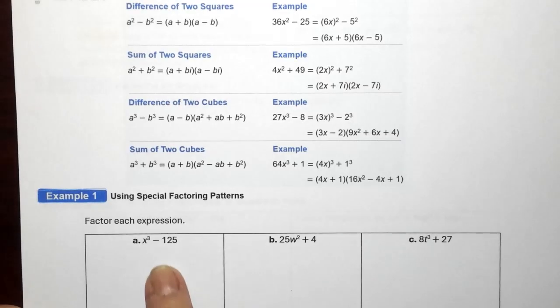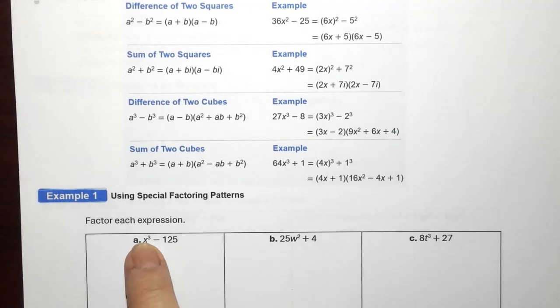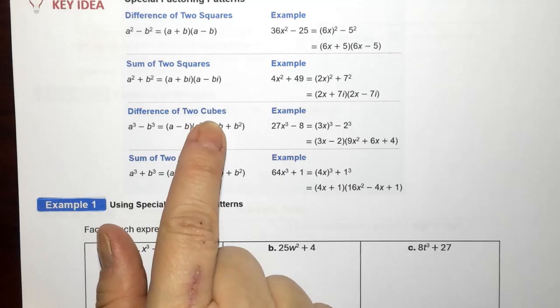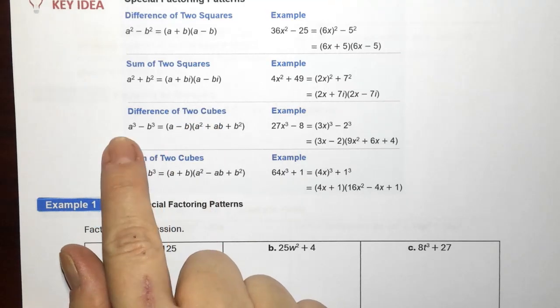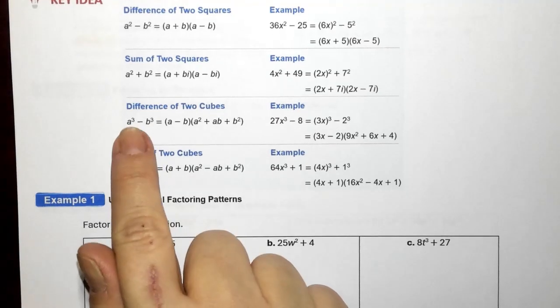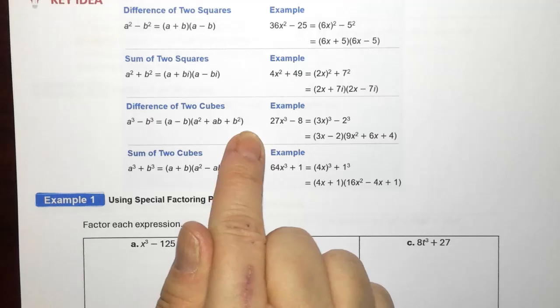So if we look at this first one here, we have x cubed minus 125. Well, that cube tells me it's a cube, and I have a minus sign. So if I look up here, I'm looking at difference of two cubes because I have a difference and I have a cube. So I need to rewrite these in this format so that I can easily turn them into that pattern.